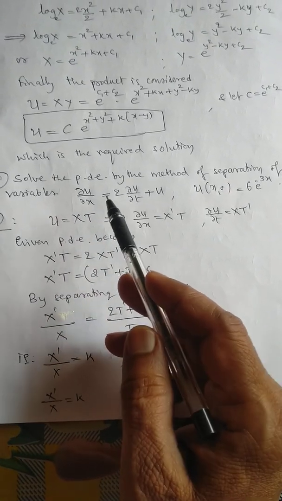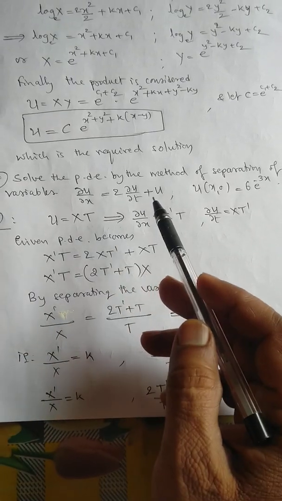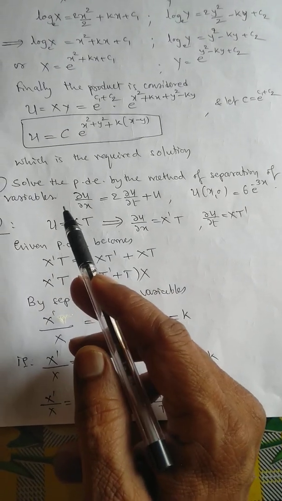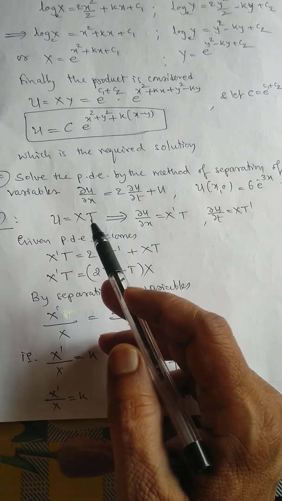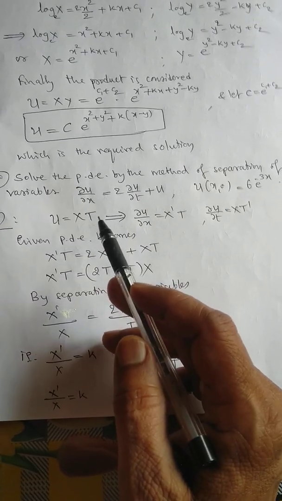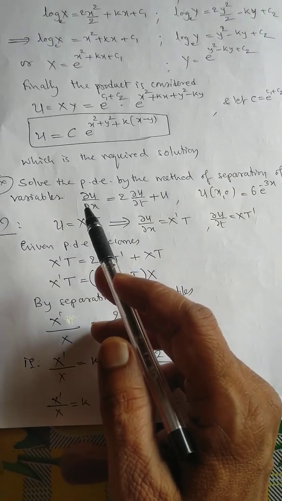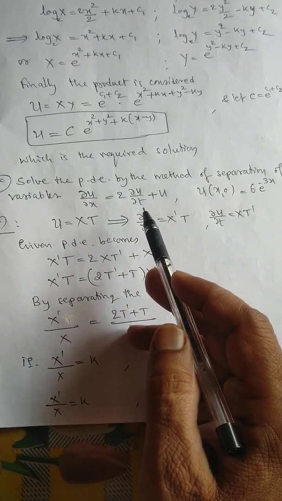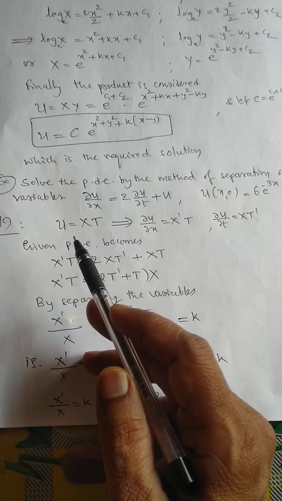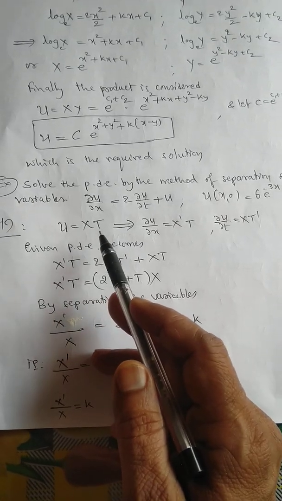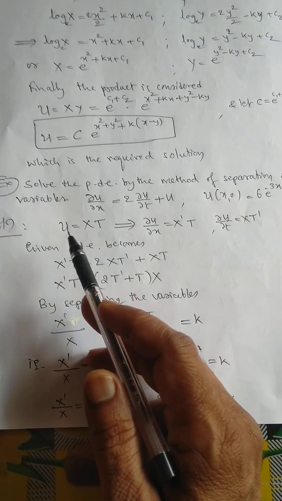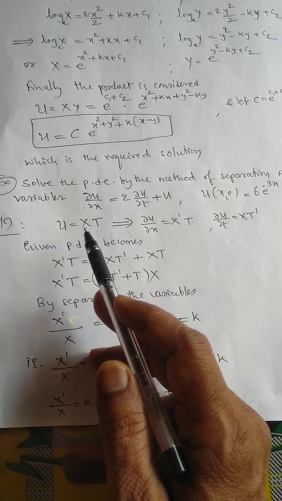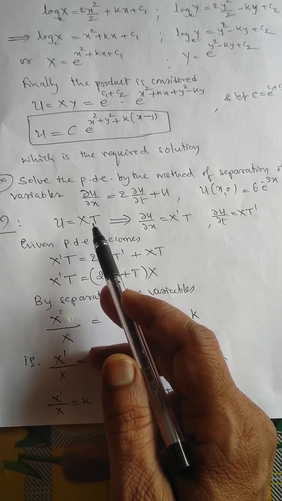In this we have three variables u, x and t. Since u is a function of x and t, we guess the solution to be the product of x and t.